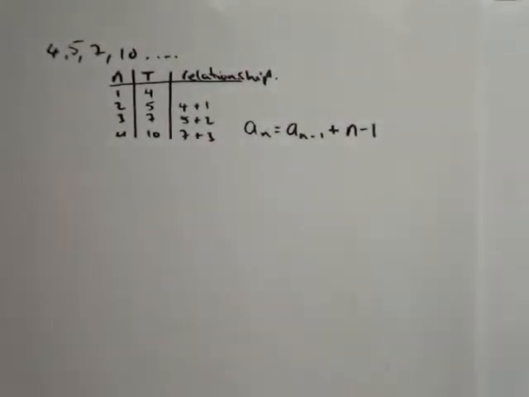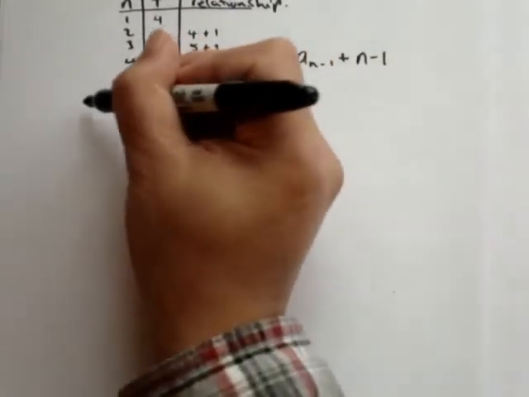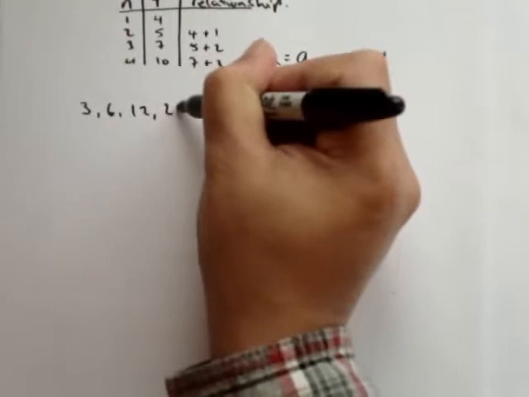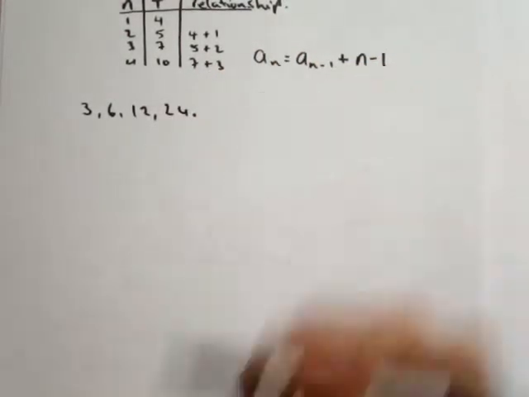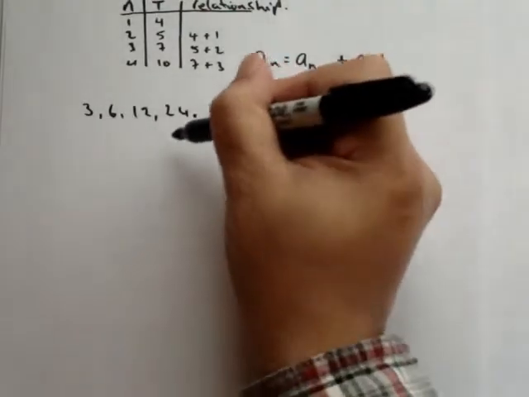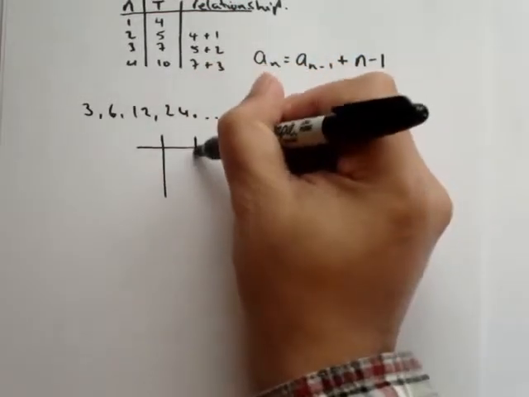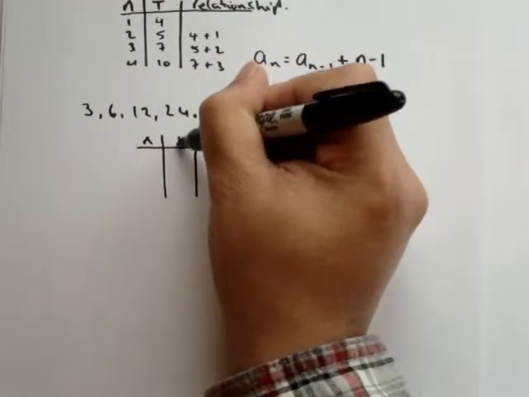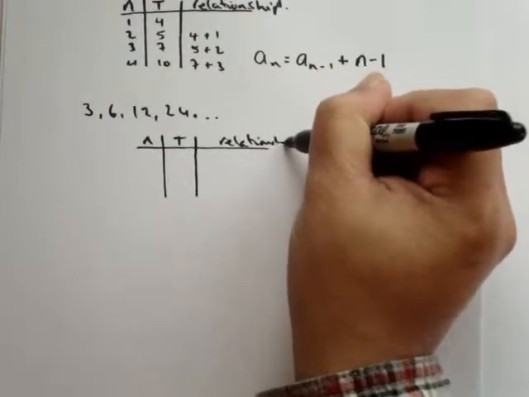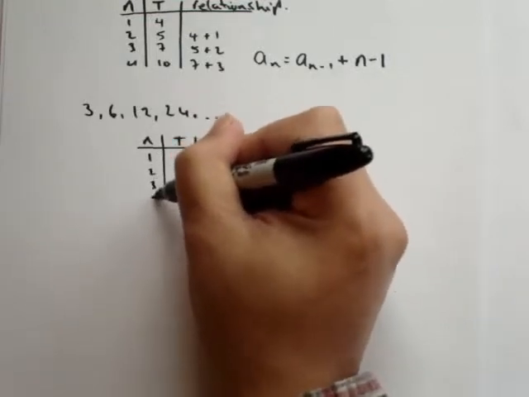Okay, so let's have a look at another one. If we had 3, 6, 12, 24, which is geometric, we make our table: n, t, and then the relationship. Our n would go 1, 2, 3, 4.